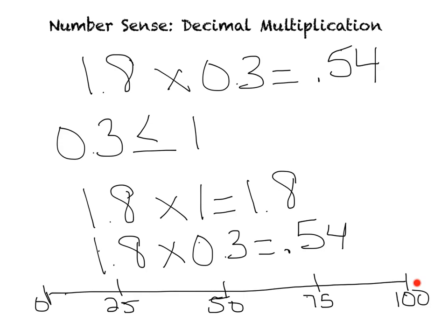It's like 1 whole plus another part of a portion. It would probably be here, 1 whole, and then the other part would be like 8/10 right there. So I know when I'm comparing my numbers to 1 that 54 hundredths is less than 1, so therefore my answer was going to be less than my factor.